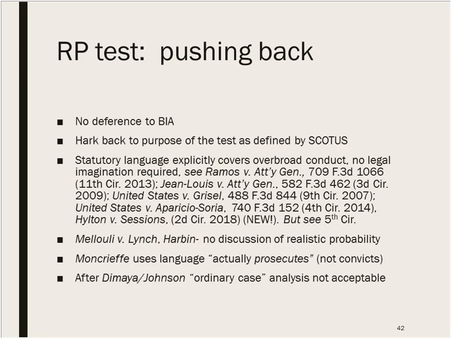One is, when you get to the circuit court level, you can argue that there's no deference to the BIA in this analysis. You can also look back to the purpose of the test as defined by the Supreme Court. The whole purpose of the categorical approach is to not do a case-by-case analysis of what actually happened in the case, and to save resources, to not be doing these mini trials of relitigating criminal convictions.